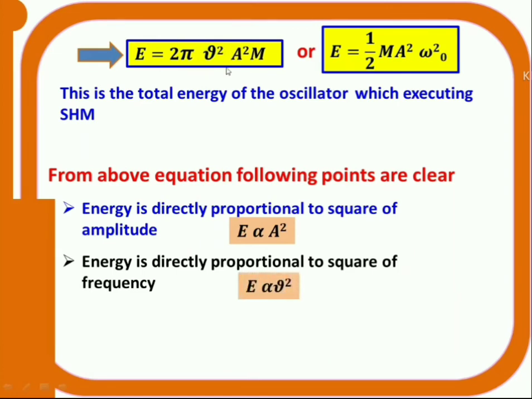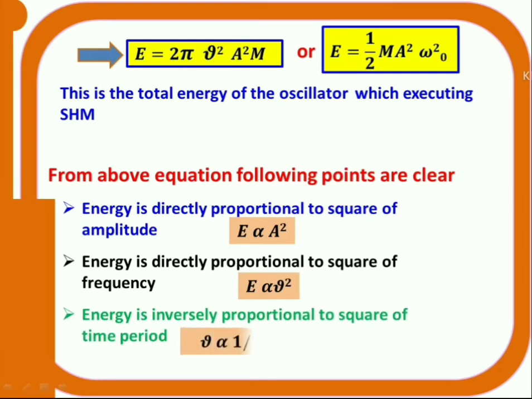That means E is proportional to nu square, and frequency is nothing but the reciprocal of the time period. That means nu is proportional to 1 by T. So E is proportional to nu square, that means E is proportional to 1 by T square. So I can write energy is inversely proportional to the square of the time period, right? This is about the energy of the oscillator.